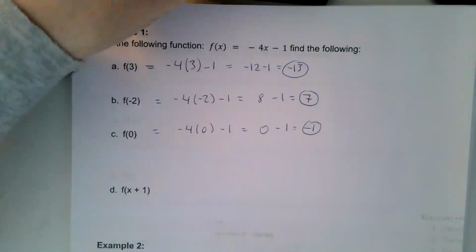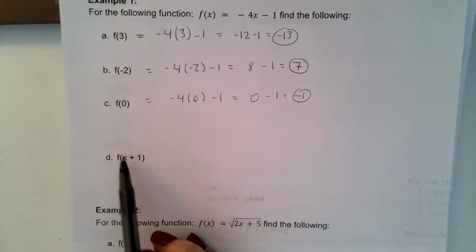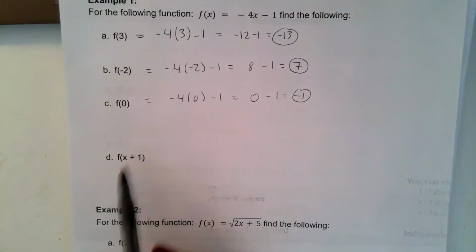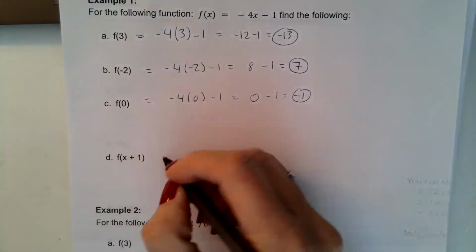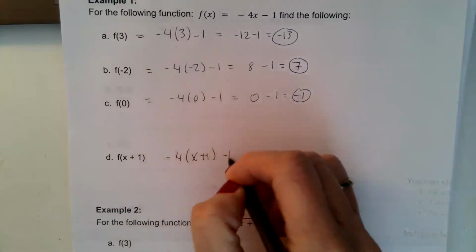As we move on in algebra, we're going to be evaluating functions using other expressions as our input. And so we're going to practice that today. So I'm going to put in the expression x plus 1 as my input. So I have to show that. I'm going to put in x plus 1.